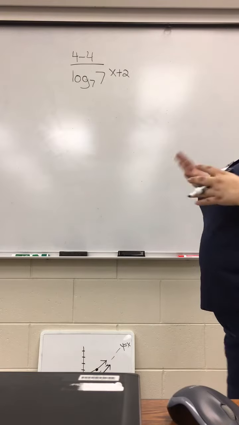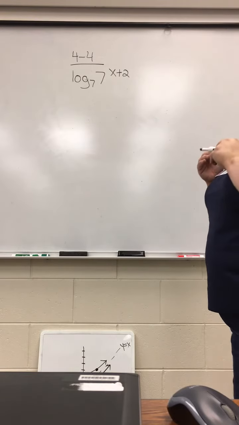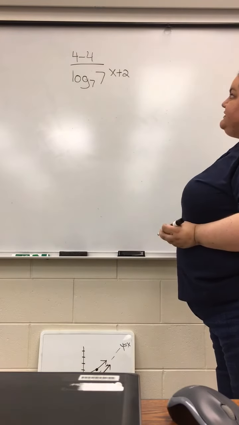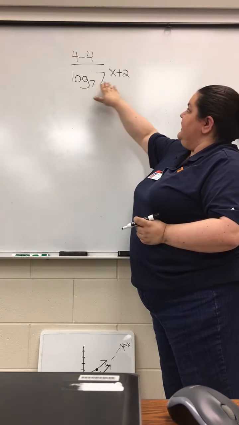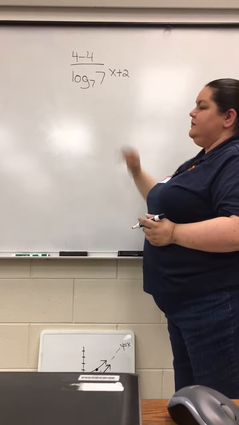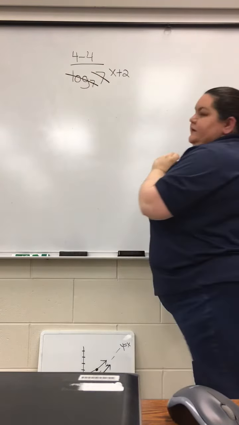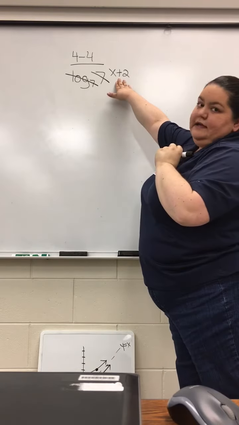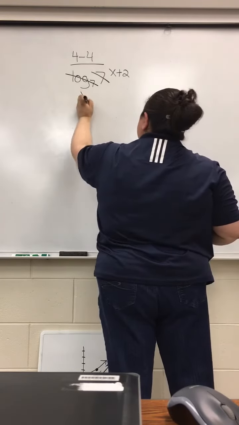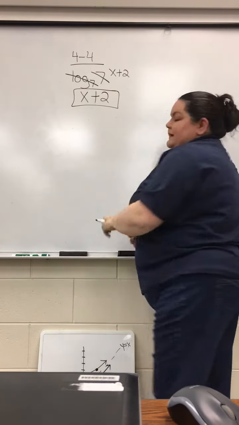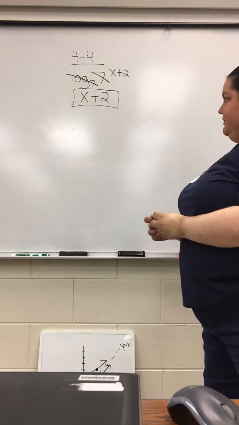This is the one that I told you I like a lot because this is where you are eliminating because they're inverses. Okay, so you're just going to take log 7 and the 7 because they are in common. Guess what you do? Remember, you just cross them out. So what does that leave you with? x plus 2. And that is your final answer. Yes, it is as simple as that.